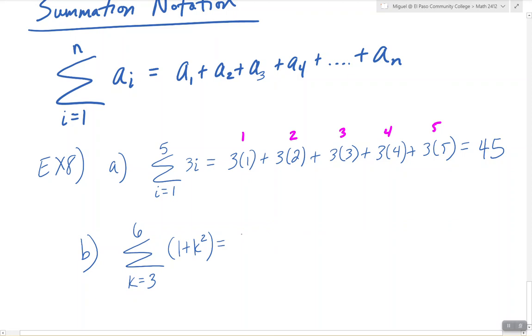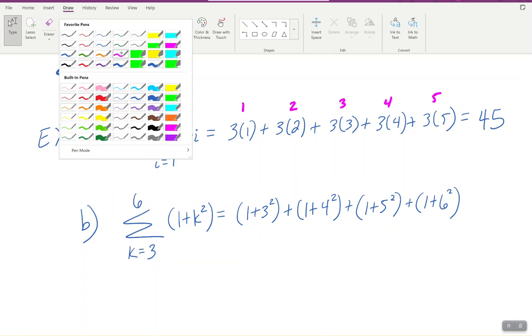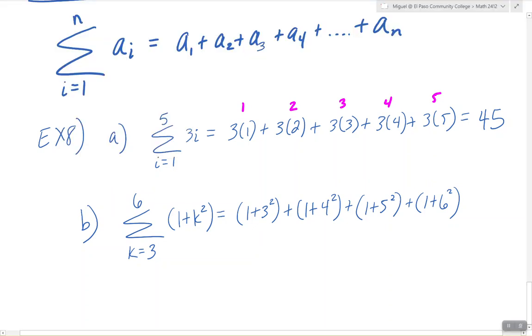So we have the first term plus the second term plus the third term. k is 5 for that one. And the fourth term. So for this one, k was 3, k was 4, k was 5, and k was 6.